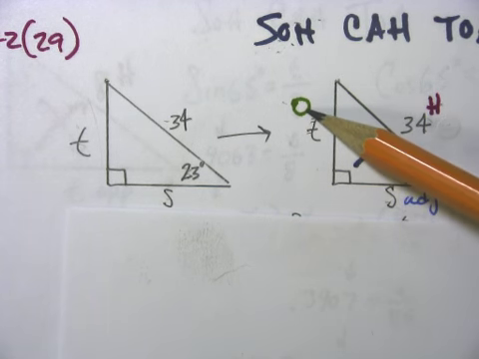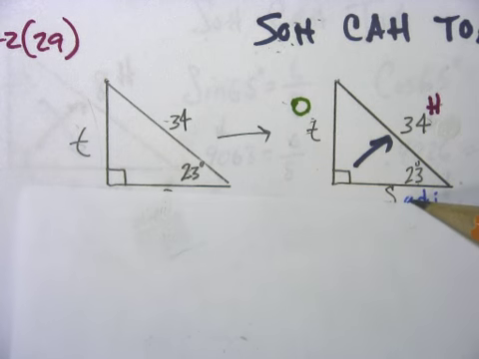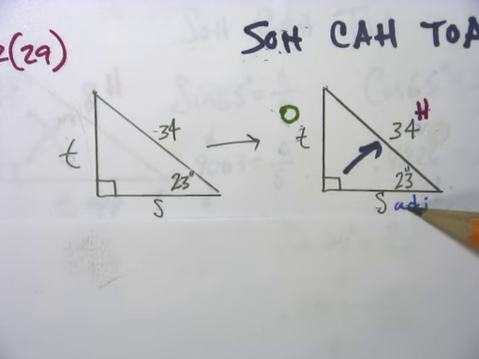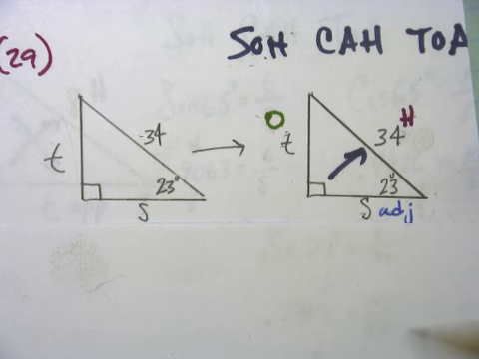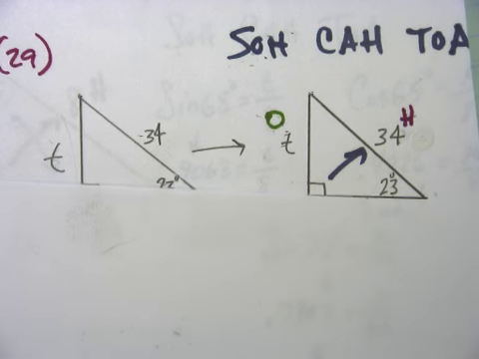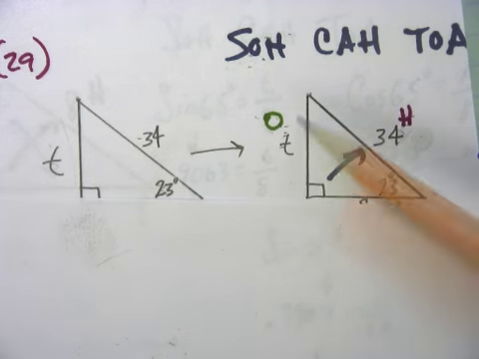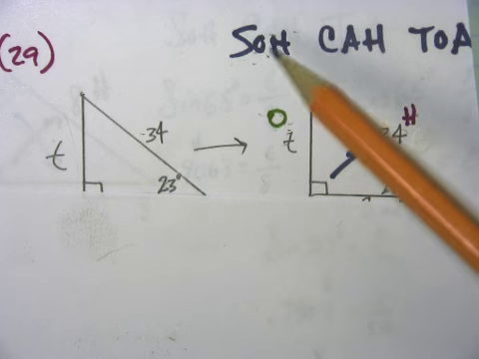The opposite side or the adjacent side? Let's look for the opposite side first. Let's block off the adjacent side, so that we know they gave us the hypotenuse and we're looking for the opposite side.